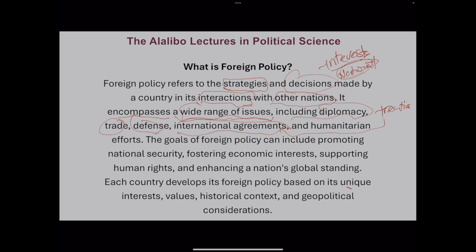So let's take a look at this closely, students, because this is important. This is the heart of foreign policy. It encompasses a wide range of issues, and those issues include diplomacy, trade, defense, international agreements, and humanitarian efforts.